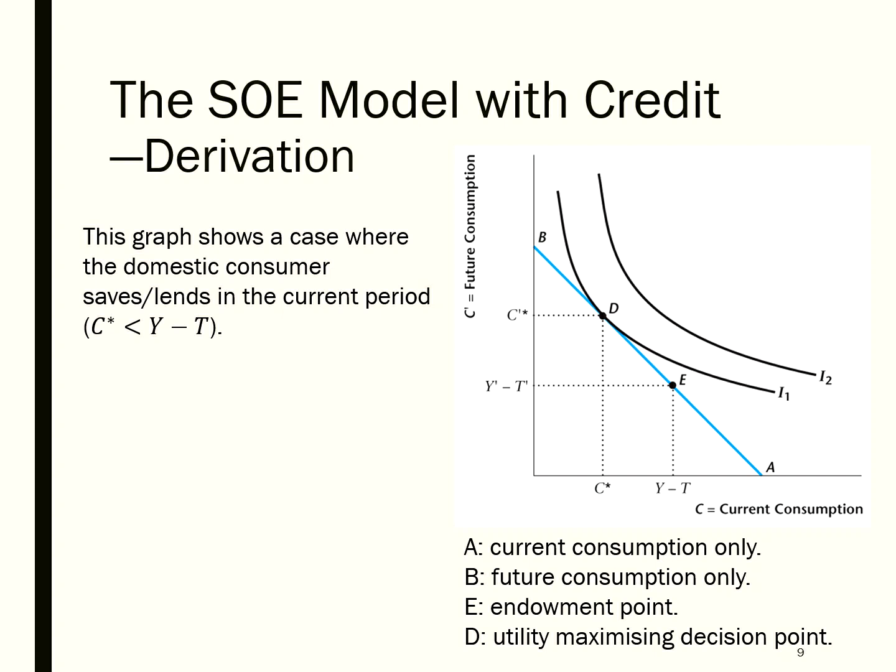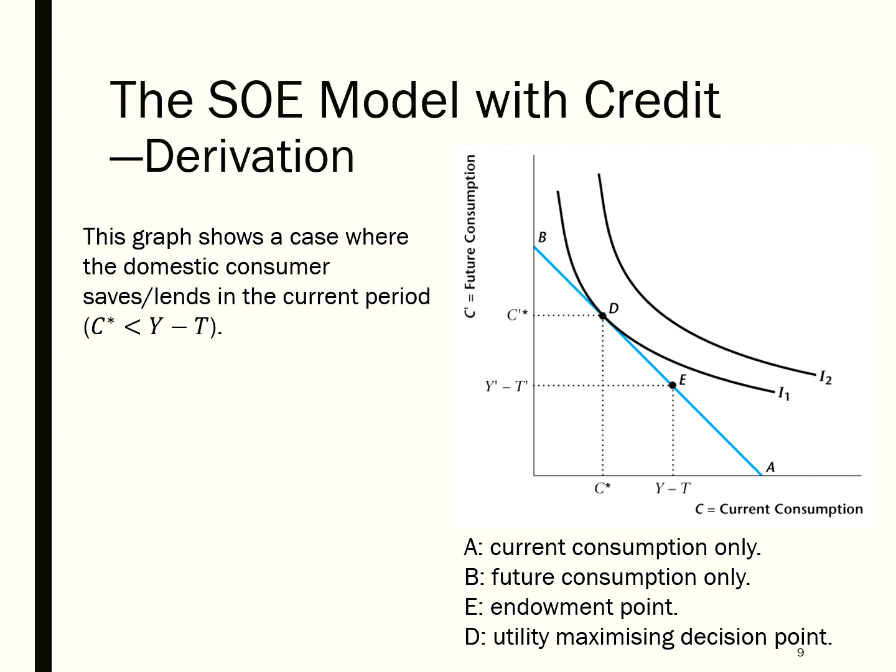Point D is the optimal choice for this country if it can lend and save in the international credit market. For different calibrated utility functions, obviously you will have different points D, but in this case, point D lies to the left of the endowment point of the current period.